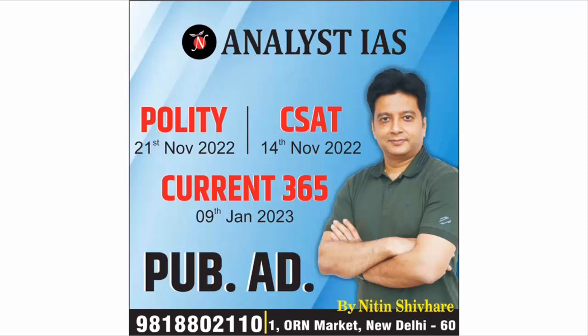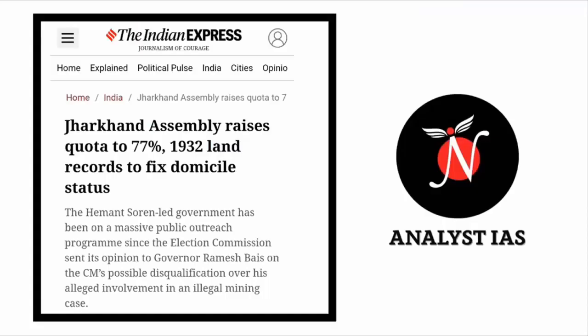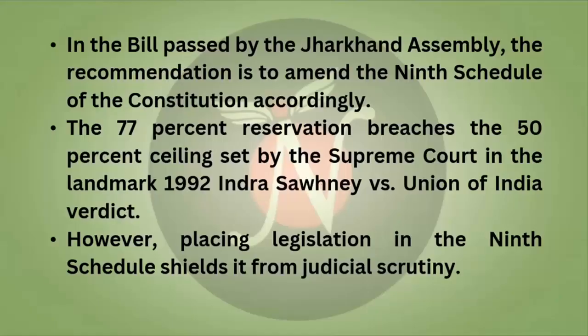So now let's move on to our topic of discussion and see why it is in news. The Jharkhand Assembly introduced a bill in which it raised the quota for domiciled citizens to 77%. In the bill passed by the Jharkhand Assembly, the recommendation is to amend the ninth schedule of the Constitution accordingly.